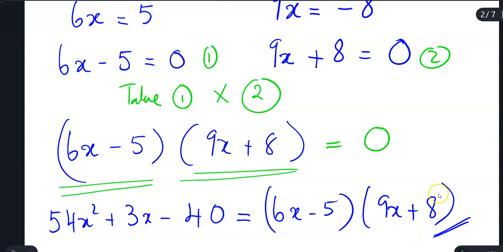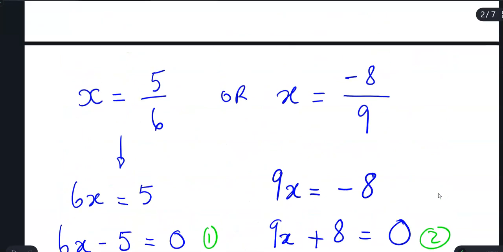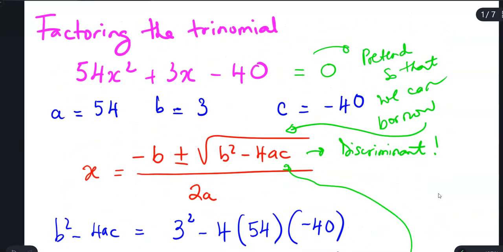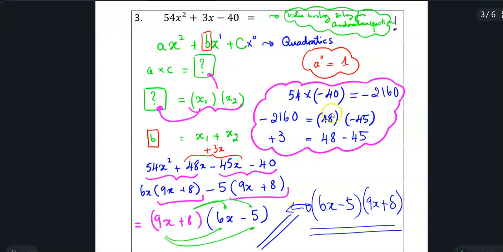So some students found this method a lot easier than using the concept of taking A times B, getting the product, and then going from there. Sometimes it's very tedious and takes a long time to figure out which two numbers multiply to give this product and the same two numbers add to give the coefficient b of the term x to the exponent 1.